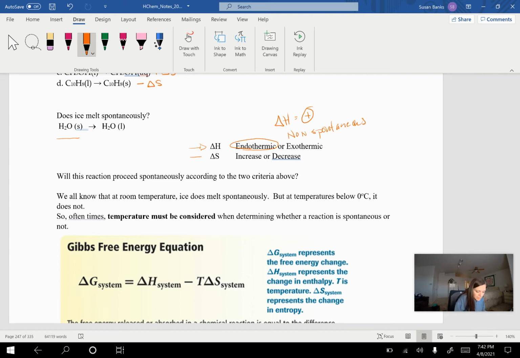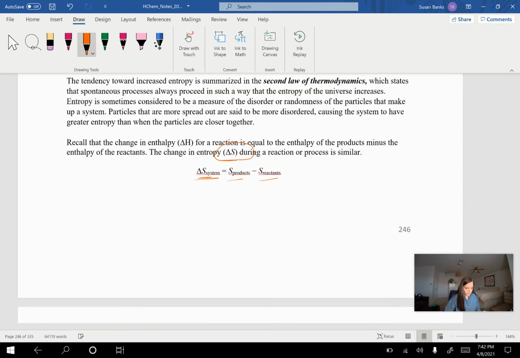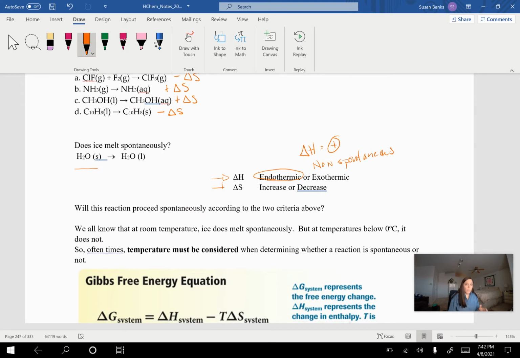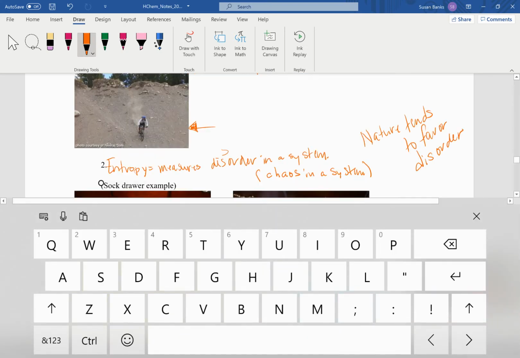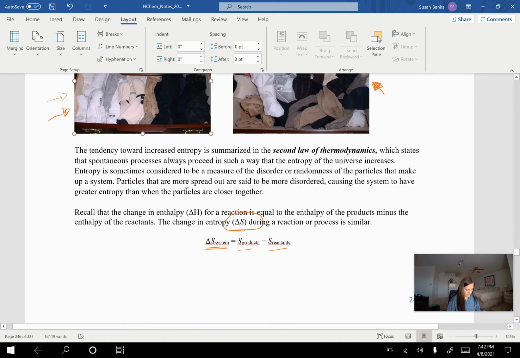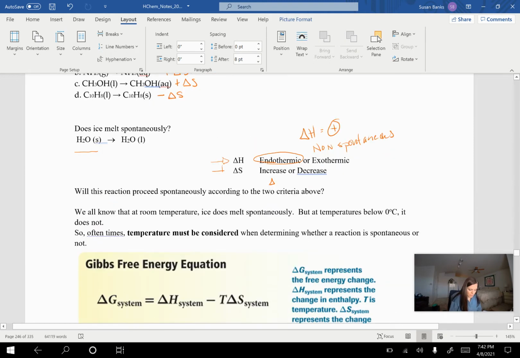So if I'm looking at delta S, or my entropy, I definitely am creating more disorder. So my delta S is very much spontaneous because I am creating more disorder. So this is spontaneous.